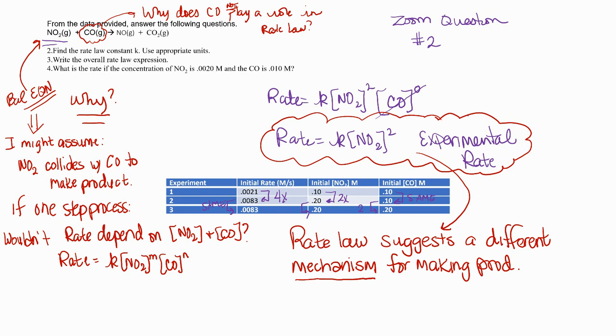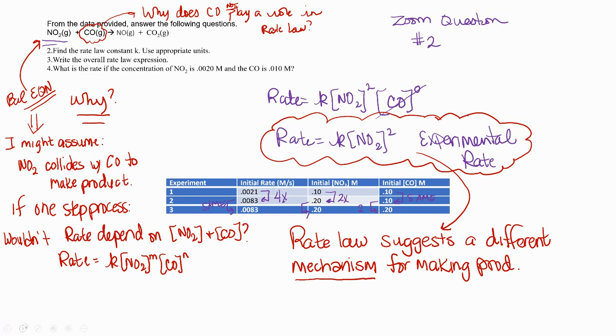Now, that's number one. Number two, the kinetics, the rate law has to match what we think's going on at a molecular level. So the good news is no one's going to ask you, hey, what do you think the mechanism is? What steps are involved in making product? No one's going to ask you that.